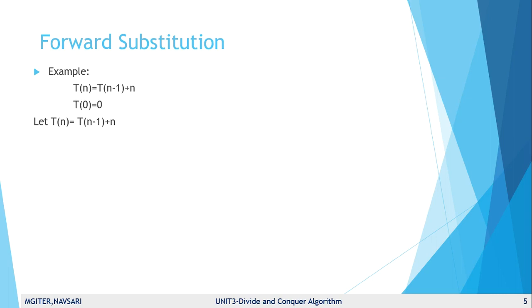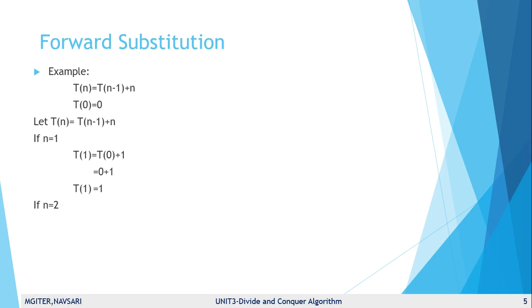Let T of n be equal to T of n minus 1 plus n. If we put n equal to 1, then 1 minus 1 is equal to 0 plus n, that is 1. So T of 0 plus 1. Now what is the T of 0 value? That is 0. 0 plus 1 is equal to 1. So T of 1 is equal to 1.